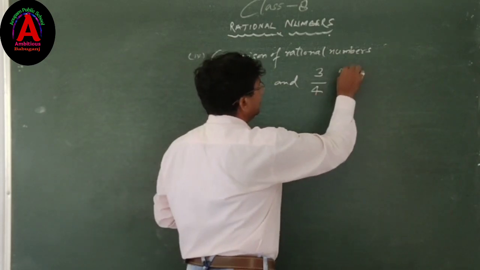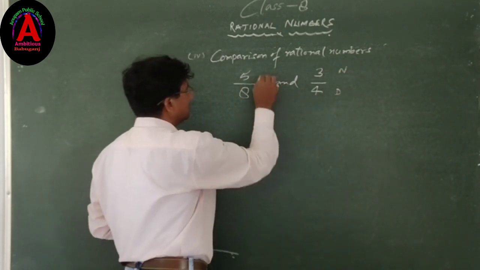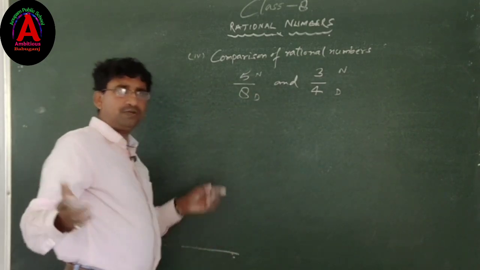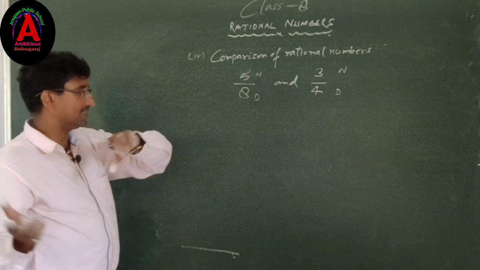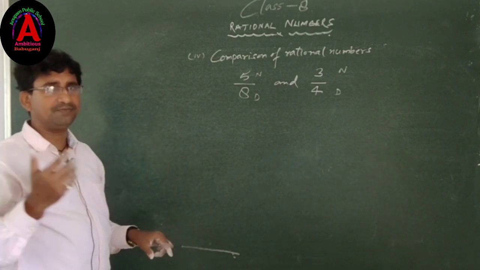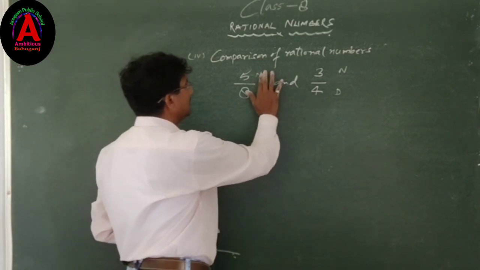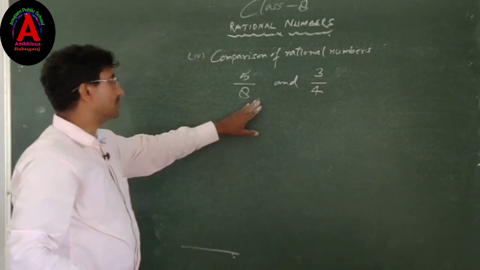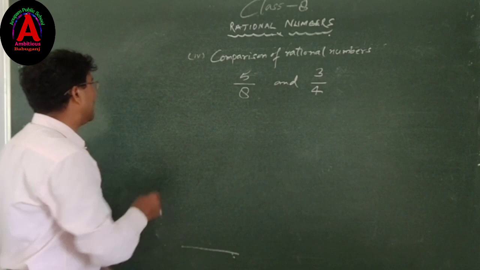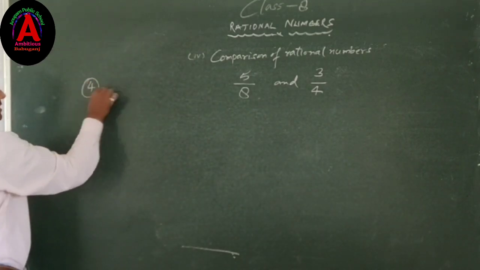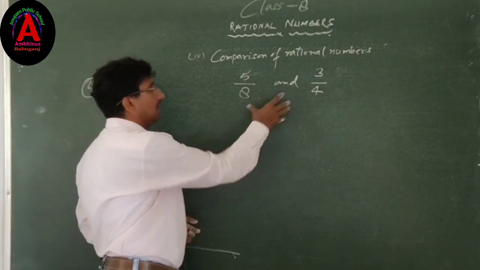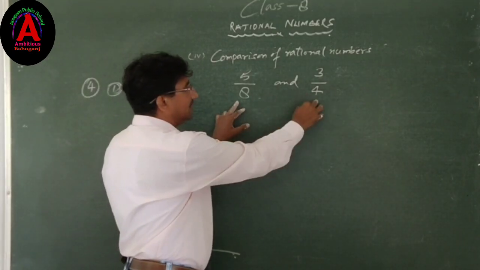This is the numerator and this is the denominator. We read it in last classes, in classes 6, 5, 4, so there is no need to explain numerator and denominator again. I told you there are 4 steps. First step, our denominators should be positive. Here our denominators are positive.